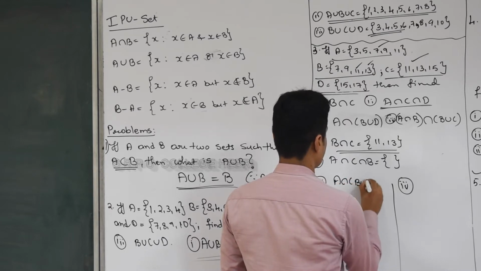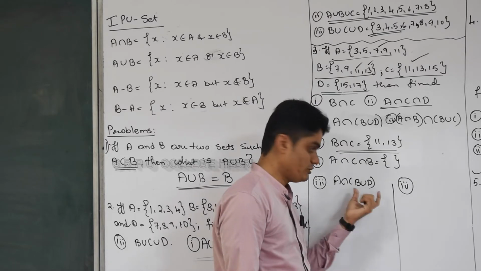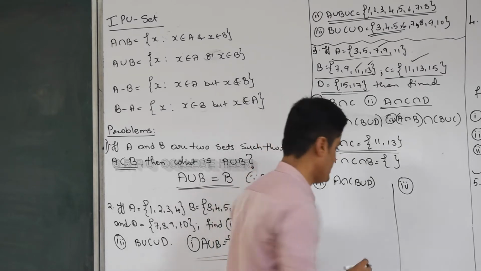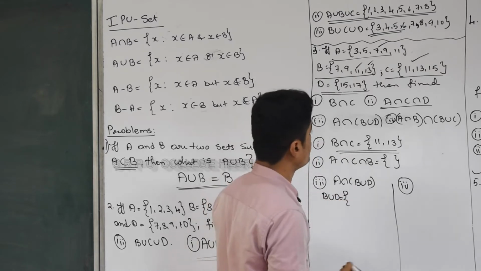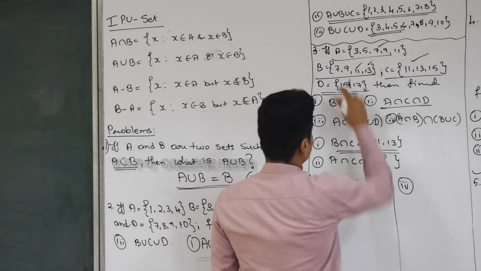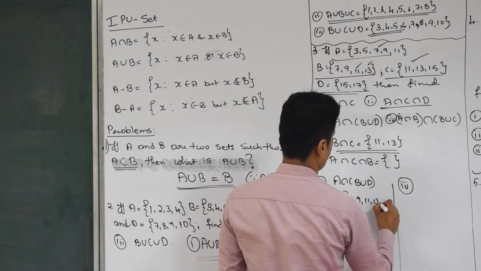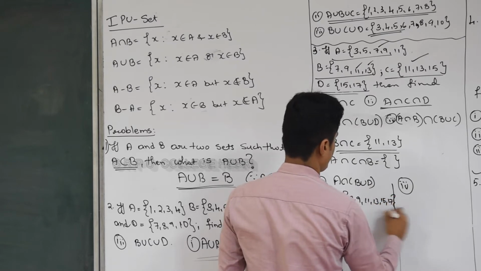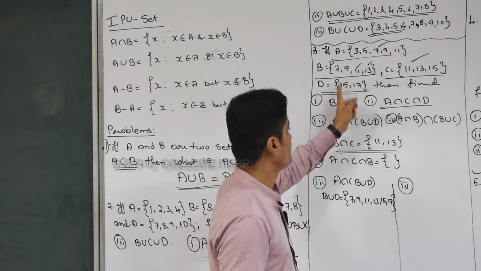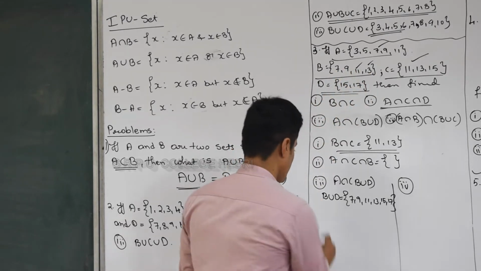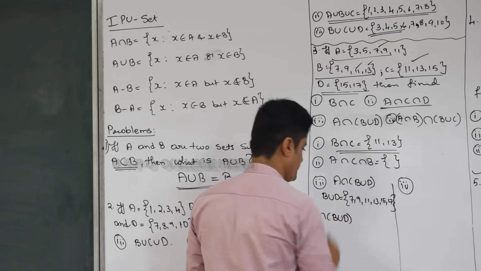What is the third one? A intersection B union D. Be a little careful here, two operations, union and intersection, are merged. So it is always better to first find B union D. Taking the union of B and D gives 7, 9, 11, 13, 15 and 17. This is B union D; you should consider all the elements. Now take A intersection B union D, that is, the intersection of these two.